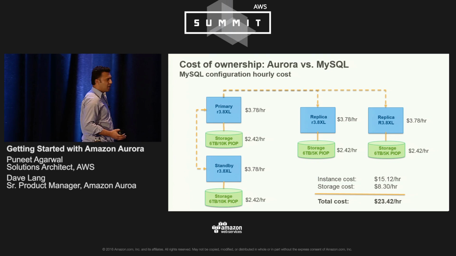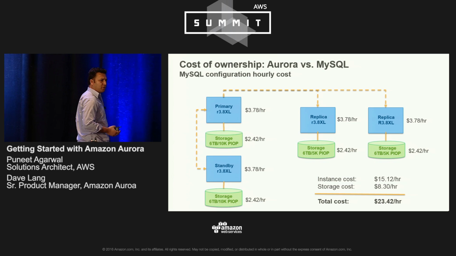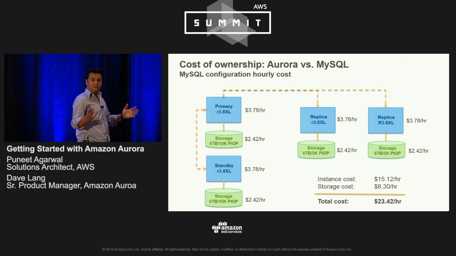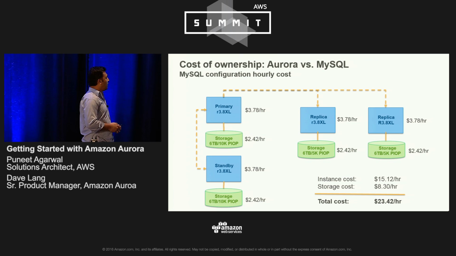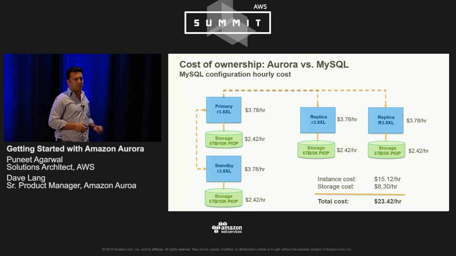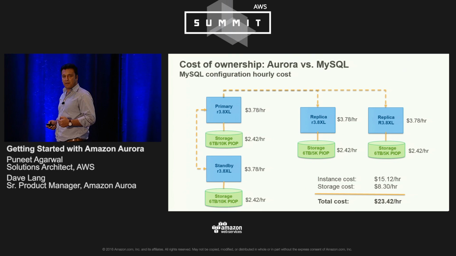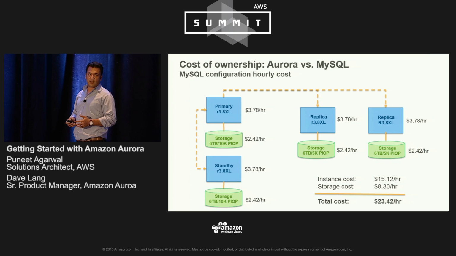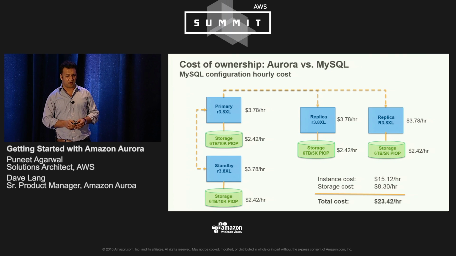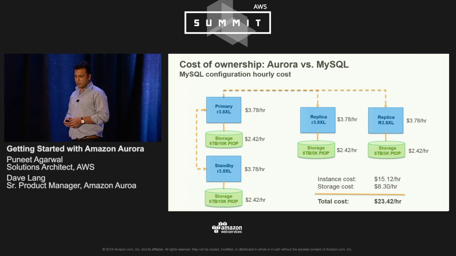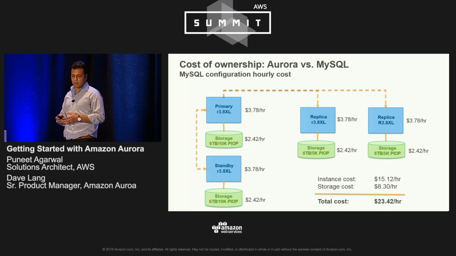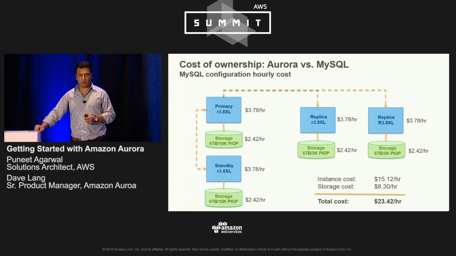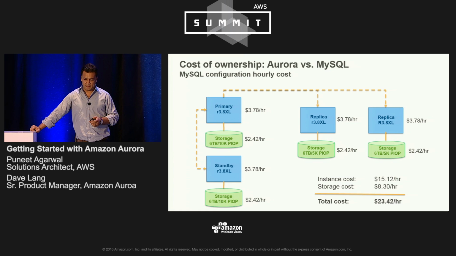Very beefy database, 6 terabytes of storage with 10,000 PIOPS, so a very large enterprise database, of course. You have one primary server, you have a standby server for high availability, and you have 2 read replicas to scale your reads. This configuration in AWS on-demand pricing will cost you about $23.42 an hour.